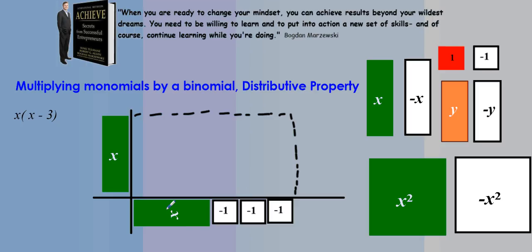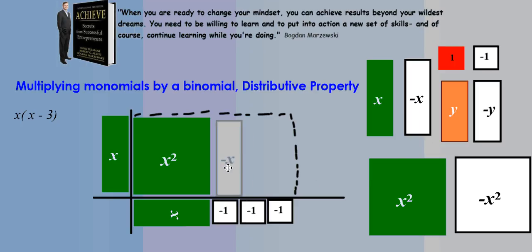So when you multiply x times x, if you recall from the previous video, we would generate x squared tiles because length and width are represented by that same quantity, x times x. And then you multiply negative 1 times positive x. So this is where you get negative 1x. And you repeat that again and again.